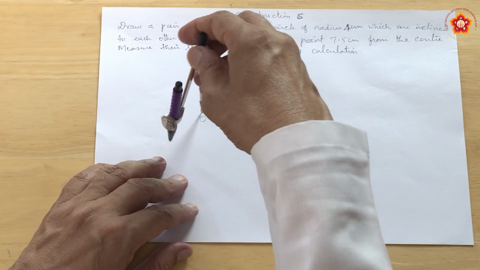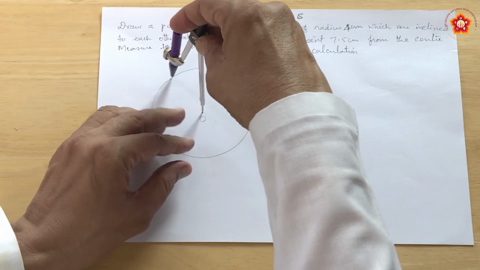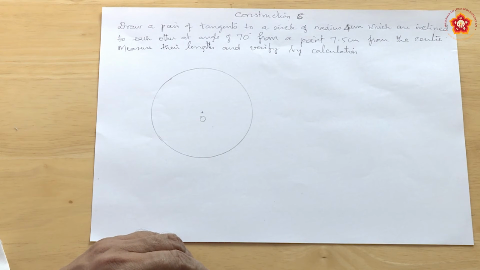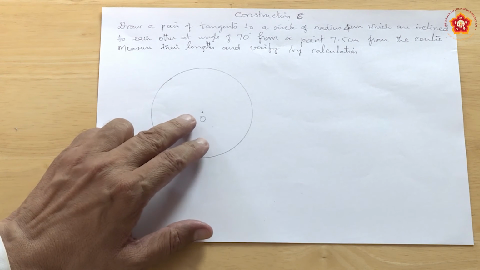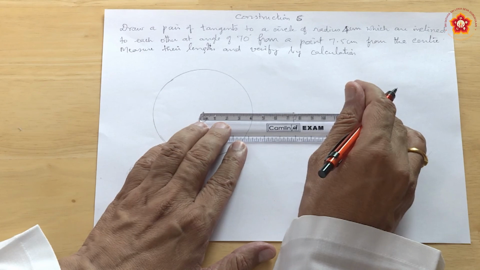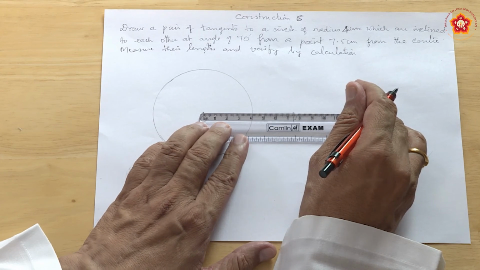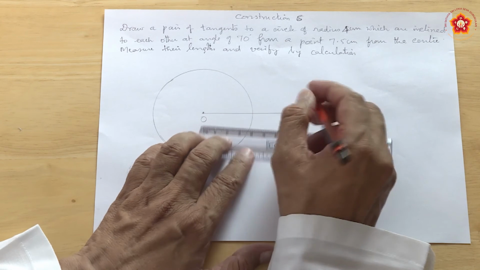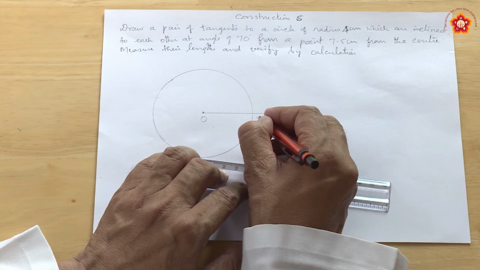So, using compass, draw a circle of 4 centimeters radius, and the center you name it as O. From O, draw a line OP 7.5 centimeters.